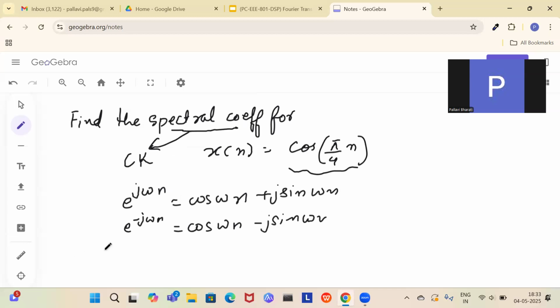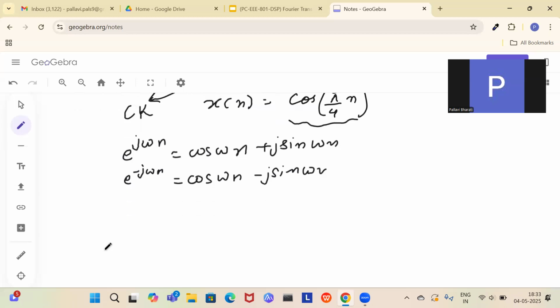I'll be doing this one time, and for the rest we will directly use it. If I add these two, e to the power j omega n plus e to the power minus j omega n, then plus j omega n and minus j omega n will cancel, and on this side we get 2 cos omega n. So divided by 2, this will be equal to cos omega n.